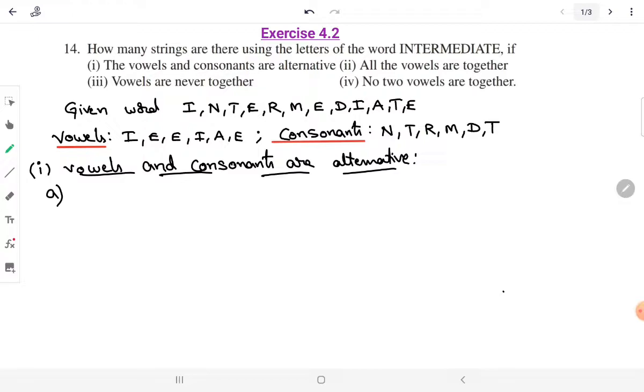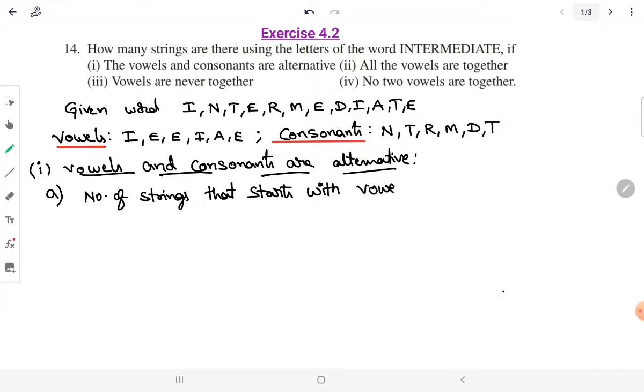So, the first case is, suppose the first place carries a vowel, or I can say the number of strings that start with vowels.